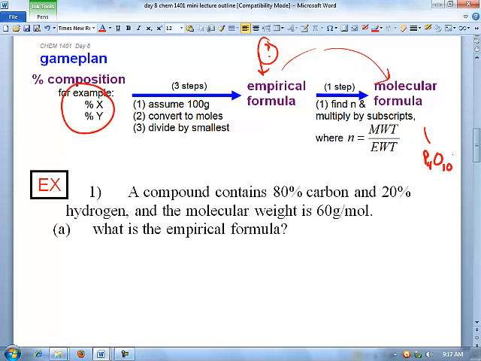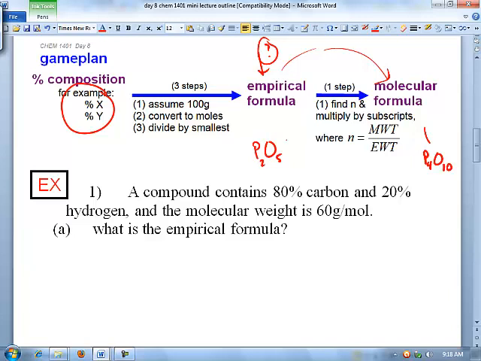P4O10, tetraphosphorus decoxide, is that actual big molecule. There's 4 phosphoruses stuck together, bonded, and how many oxygens? 10. So that's what the actual molecule is. But the empirical formula is the simplest ratio. It would be P what, O what? P2O5.